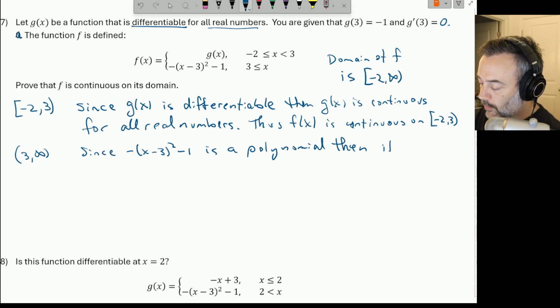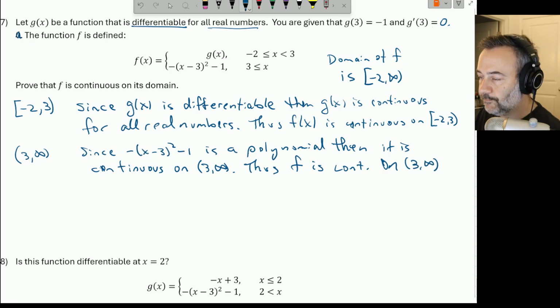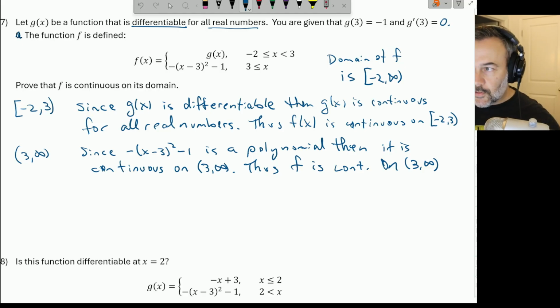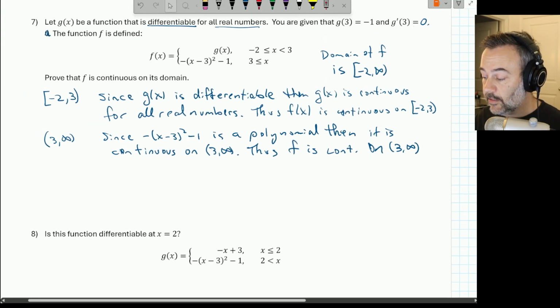Then it is continuous on the interval from 3 to infinity. Thus, f is continuous on 3 to infinity.